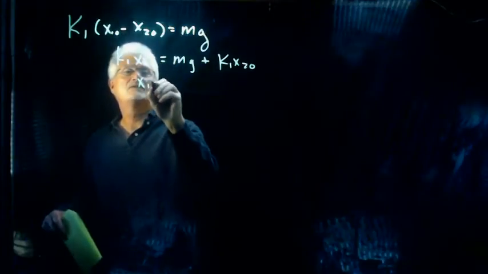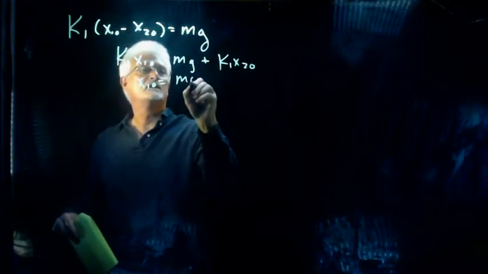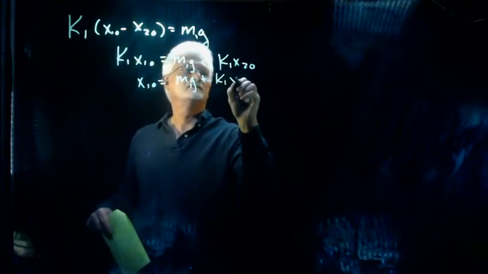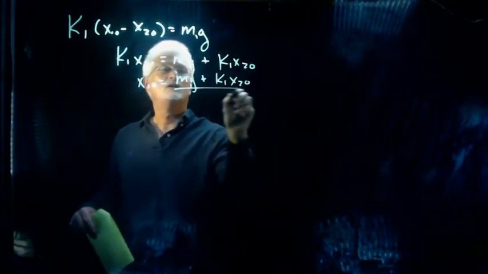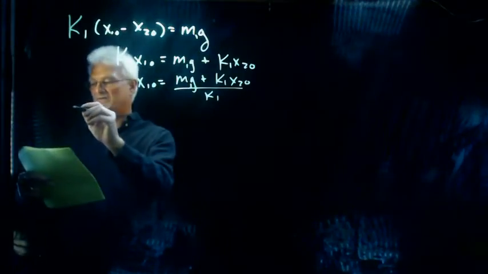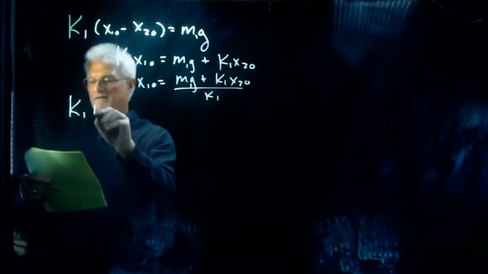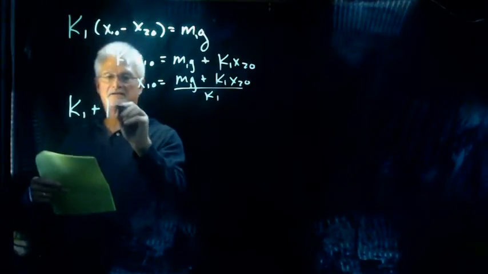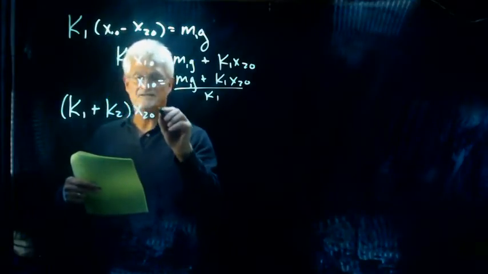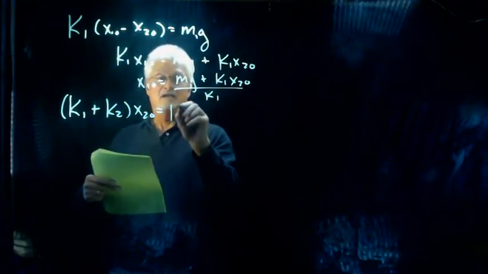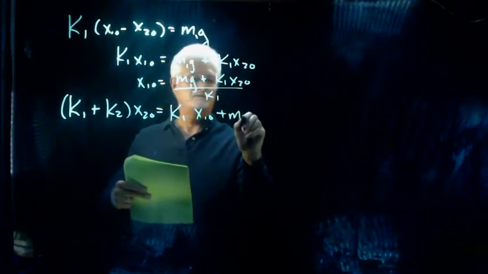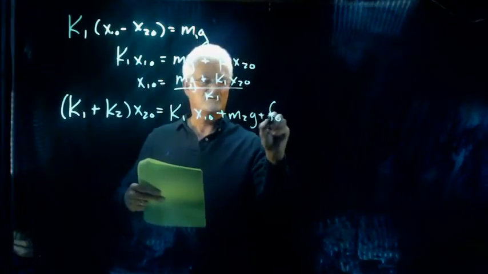That tells me that x10 is equal to m1g plus K1 x20, all over K1. So now I'm just going to substitute in. Here's the other equation: K1 plus K2 times x20 is equal to K1 x10 plus m2g plus f0.